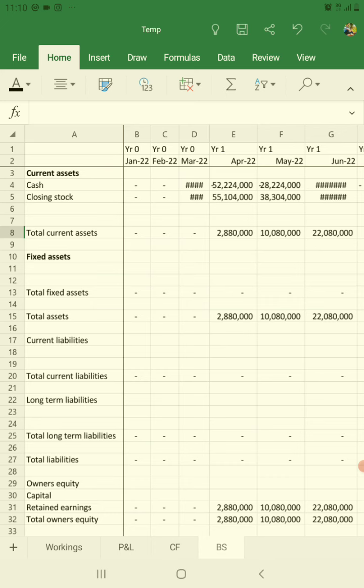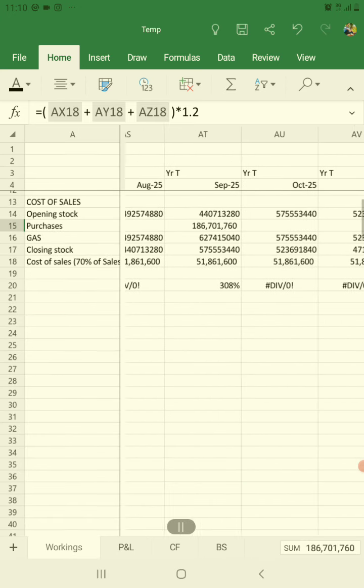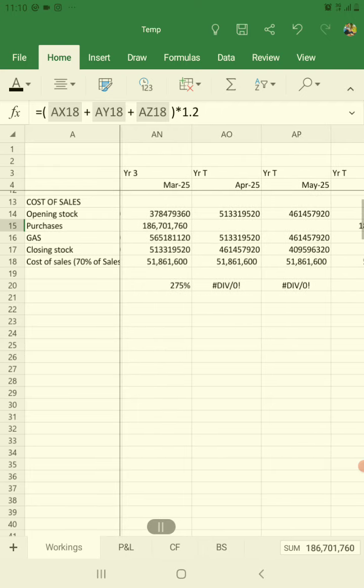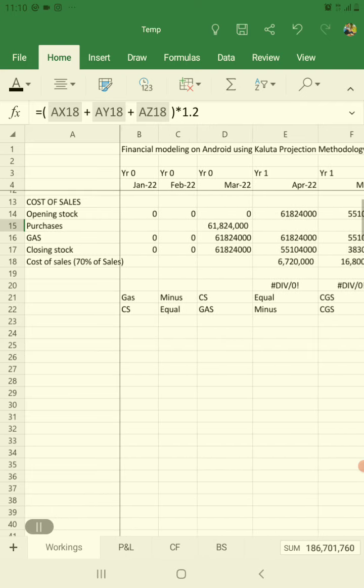Okay, so as I said, this one was just to demonstrate, but for the purpose of this exercise, let us just remain with the same assumption of monthly projection, monthly purchases.